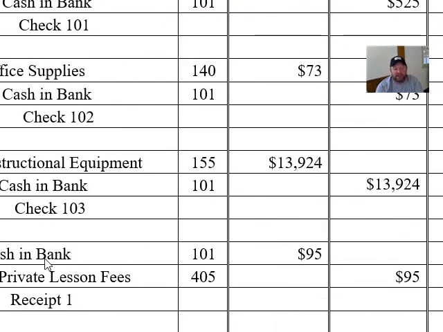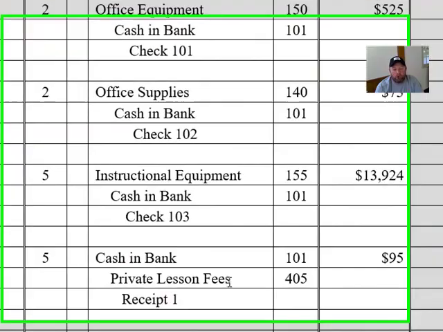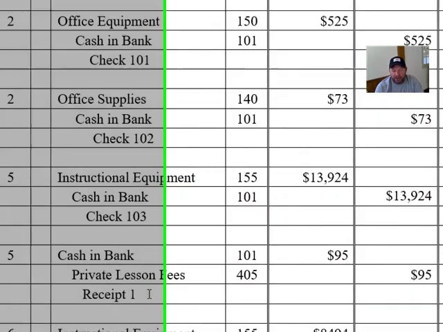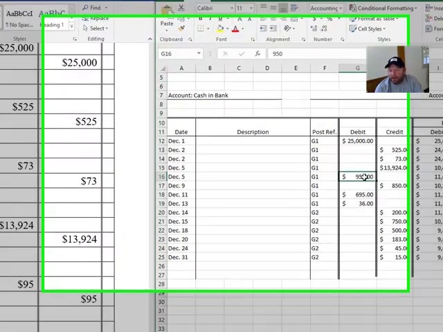So the second transaction on the 5th was we received some money. Now let's remember this word fees also means revenue. So you got to remember this. We'll get to that in a minute. But here we have Cash and Bank. We collected $95 and we gave them a receipt to prove to them that they had made that payment. So the second transaction on the 5th, coming from General Journal page 1, oh, my bad, I wrote 950.